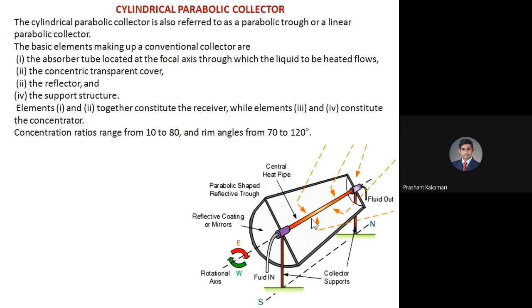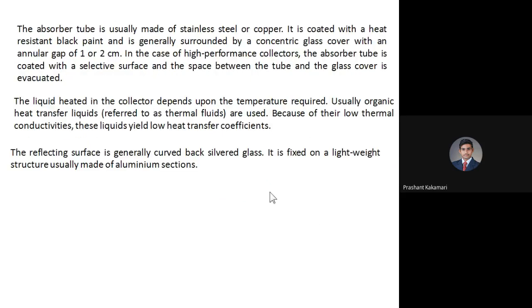We can go for one or two glass covers at maximum, as in a flat plate collector. The glass cover and the metal pipe are separated by 1 or 2 centimeters, with some evacuation if possible, so that performance can be increased.